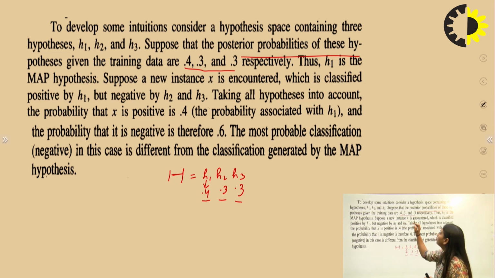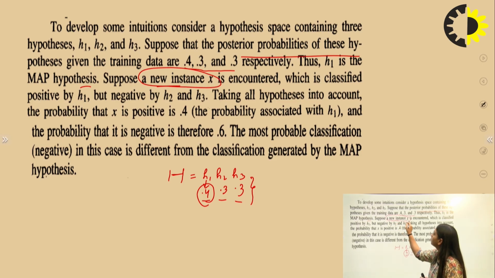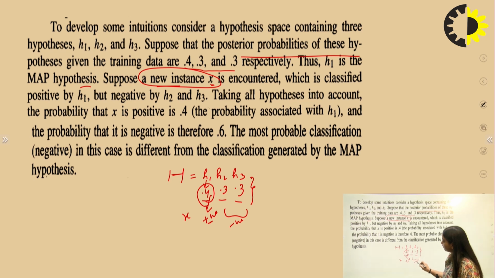So H1 is your MAP hypothesis, as is visible from these values, because the value is 0.4 for H1. Now a new instance, denoted by X, is encountered, which is classified positive by H1, and negative by H2 and H3.